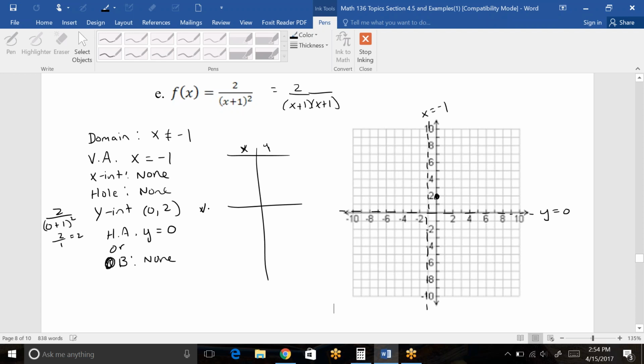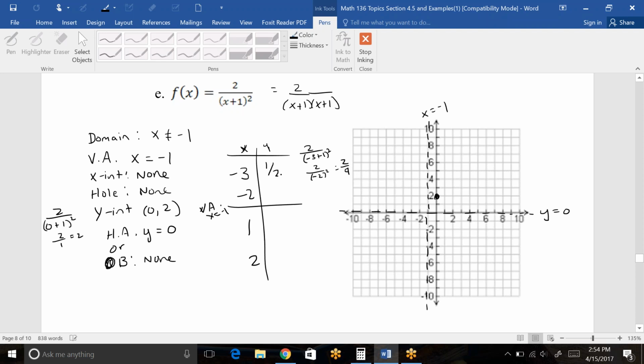So my vertical asymptote was -1. So I'm going to plug in maybe -2 and -3 and possibly +1 and +2, points that I don't already know. So if I plug this in, 2 over -3 plus 1 squared is 2 over -2 squared, which will turn into a positive on the bottom.